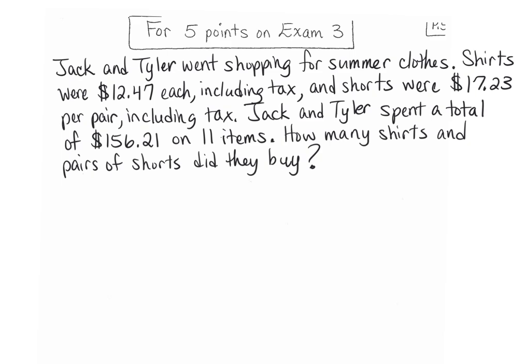Okay. Jack and Tyler went shopping for summer clothes. Shirts were $12.47 each, including tax, and shorts were $17.23 per pair, including tax. Jack and Tyler spent a total of $156.21 on 11 items. How many shirts and pairs of shorts did they buy?